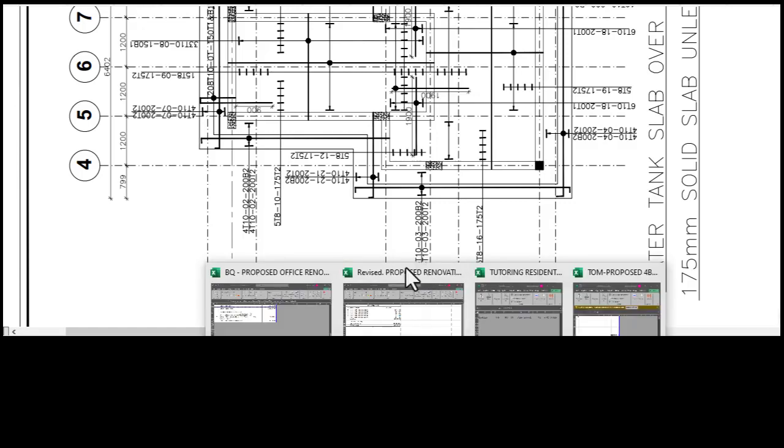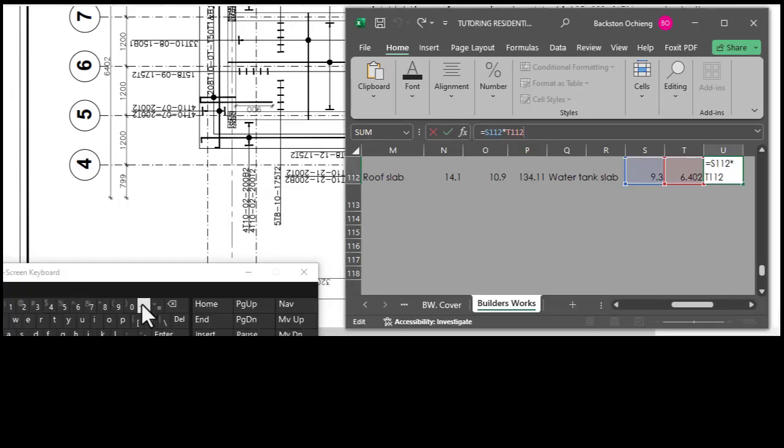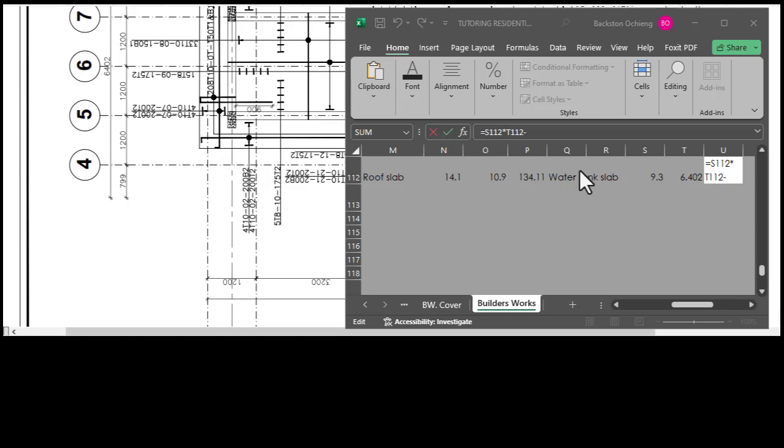So 799 plus 600 should give us 1399. We are going to subtract now. So that is 3.65. Then we multiply by 1.399.